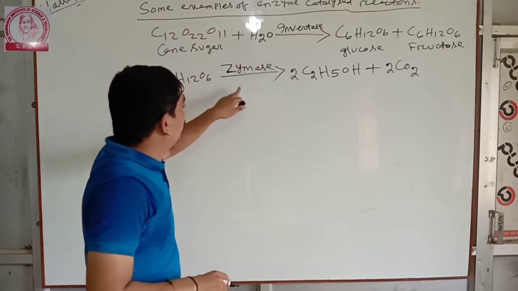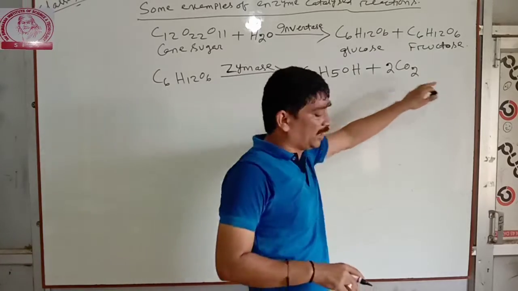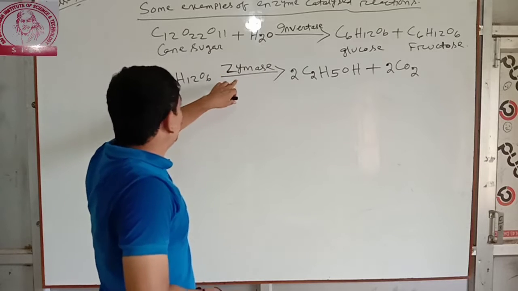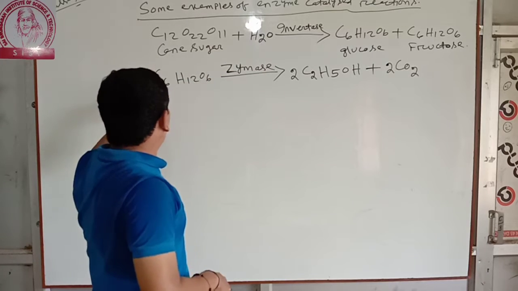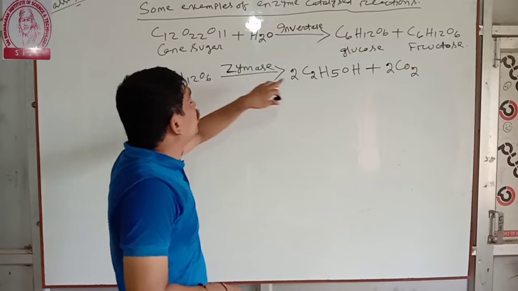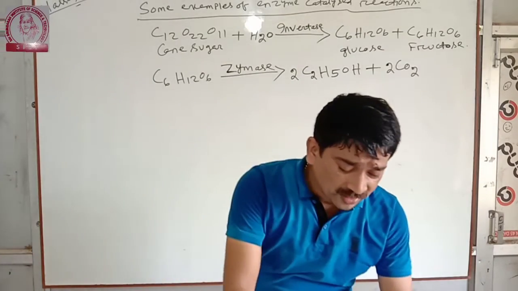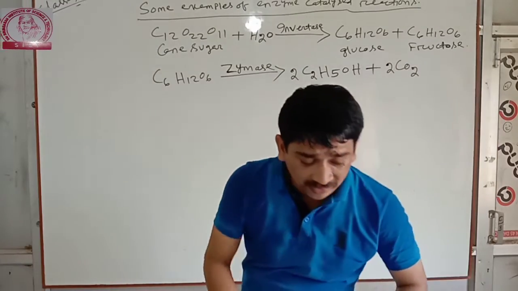C6H12O6 in presence of zymes gives ethyl alcohol plus carbon dioxide. Zymes is the enzyme that converts glucose to ethyl alcohol and carbon dioxide. Clear? So what is the enzyme? Zymes is the enzyme.